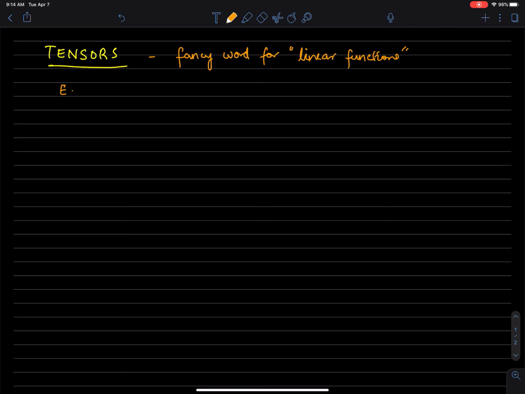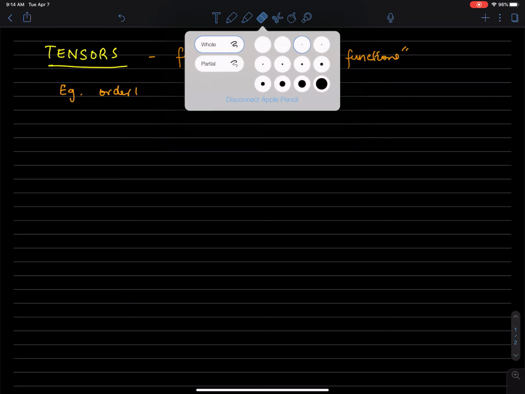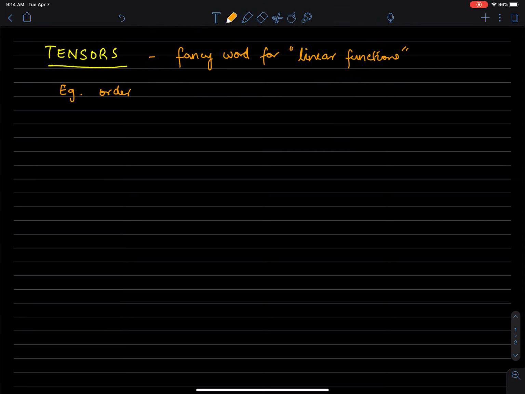For instance, you could have something called an order 1 tensor, which would have vectors as input and output scalars, in other words, real numbers.